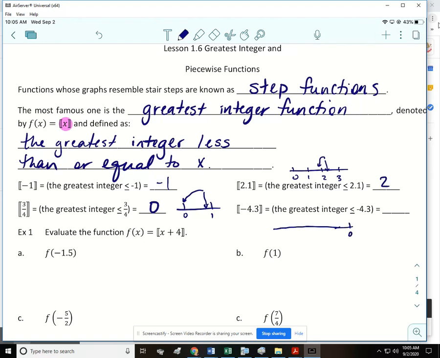But -4.3 is going to be between -4 and -5. So we'll say about right here. If I want the greatest integer less than or equal to -4.3, we go backwards again to the next integer, which in this case is -5. So it always has to be smaller or equal to the number inside.